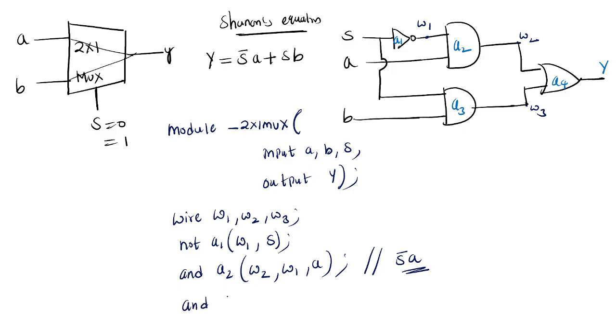Then and of a3, the output is w3, and S comma B. This is nothing but SB.